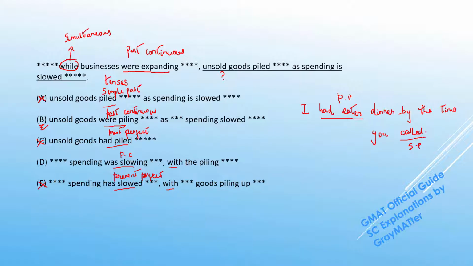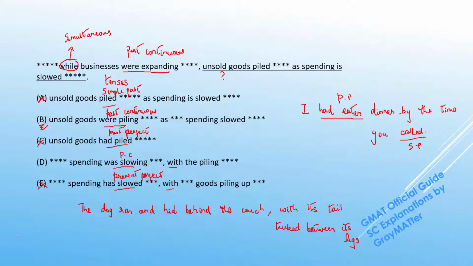So how exactly can we use this comma with construction? Now let me give you an example here. We can say, the dog ran and hid behind the couch, comma, with its tail tucked between its legs.